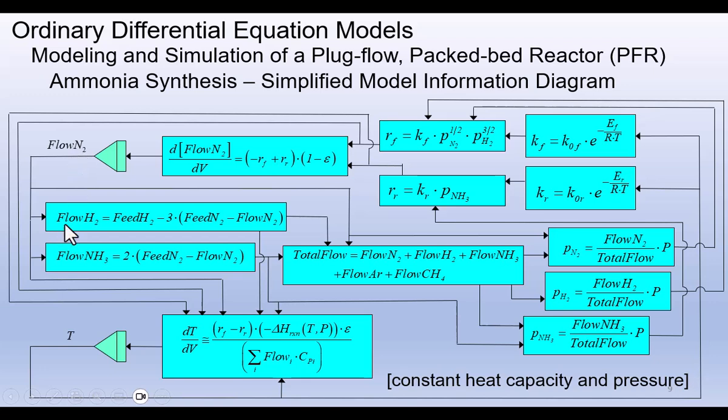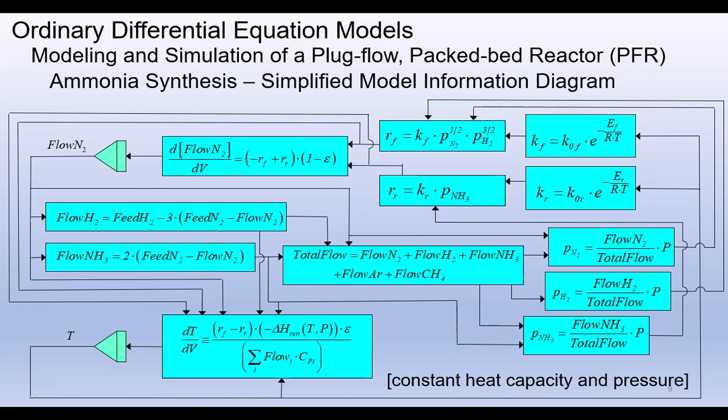Once we have those, we can go into our two stoichiometric relationships and provide the flows of hydrogen and ammonia. And then we can use the three of these in order to come up with the total molar flow rate, all right?